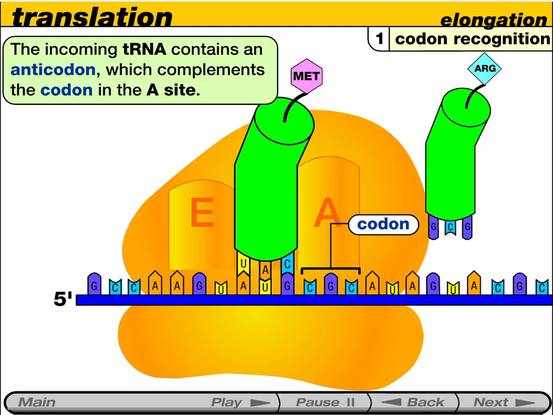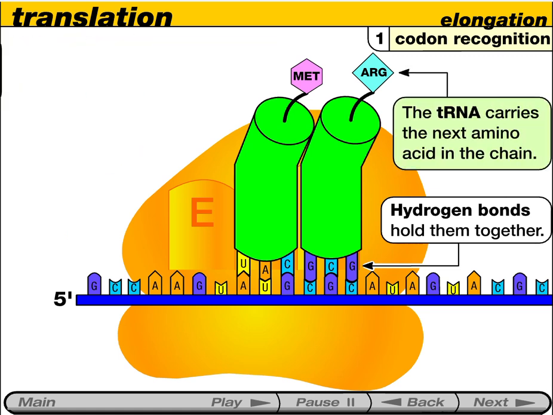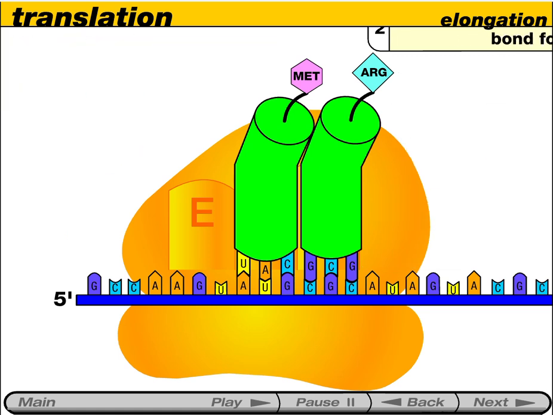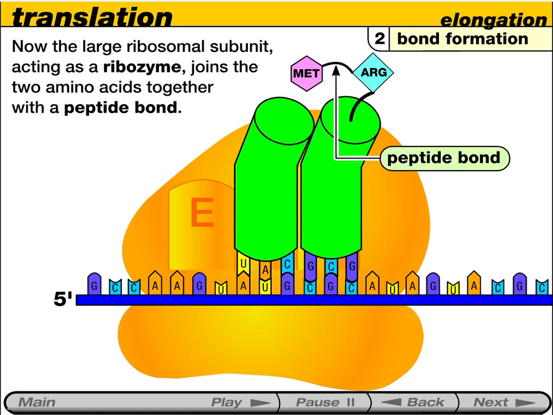The incoming tRNA contains an anticodon, which complements the codon in the A site. Hydrogen bonds hold them together. The tRNA carries the next amino acid in the chain. Now the large ribosomal subunit, acting as a ribozyme, joins the 2 amino acids together with a peptide bond.